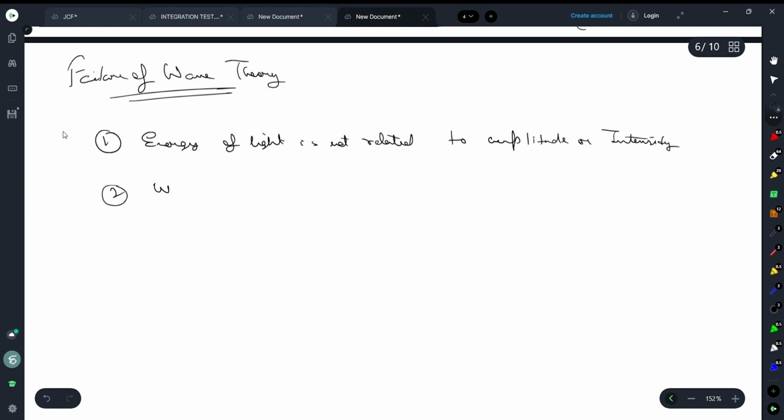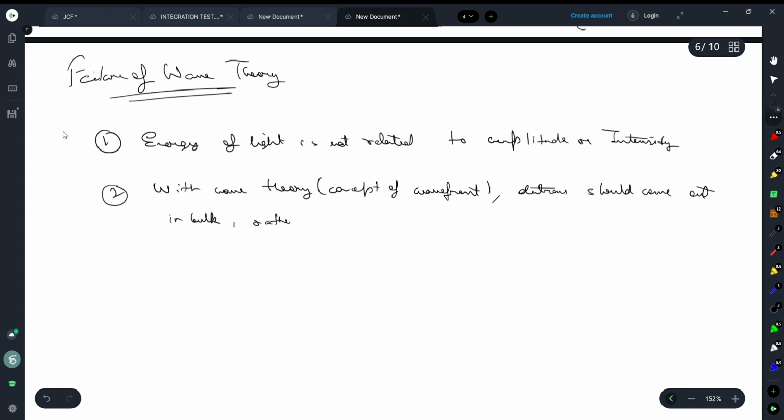Okay. With wave theory, the concept of wavefront, electrons should come out in bulk. Electrons should come out in bulk.